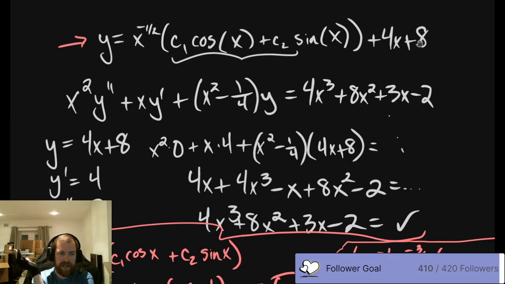Take that 4x plus 8 part, that's not going to be 0. Plug it back into the equation that we have here, and the stuff on the left, all of our y's, y prime, y double prime, ends up getting us this 4x cubed plus 8x squared plus 3x minus 2, if we plug in 4x plus 8 as the y function.